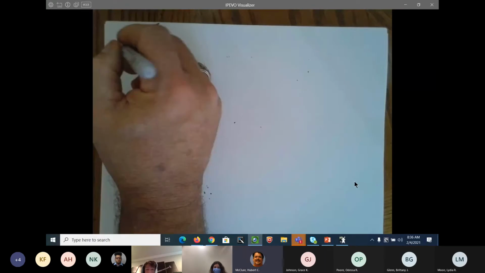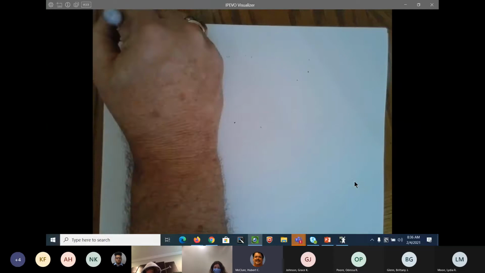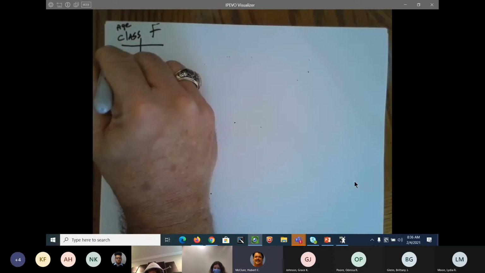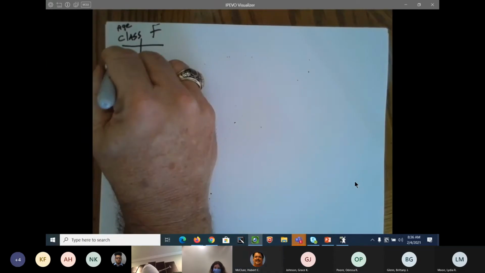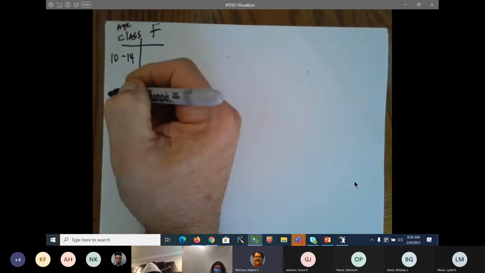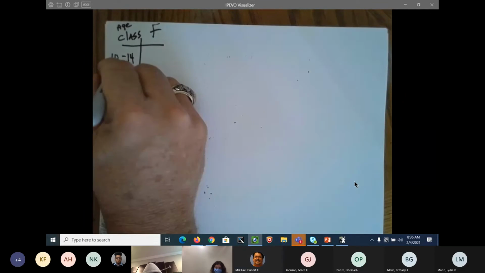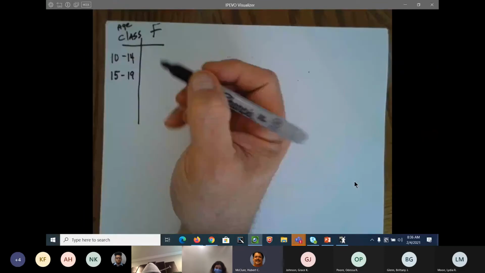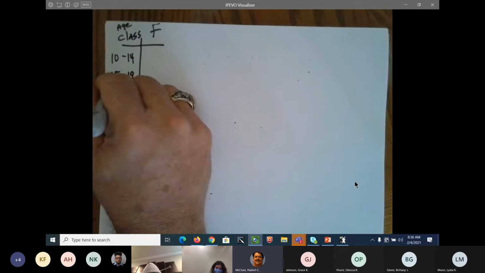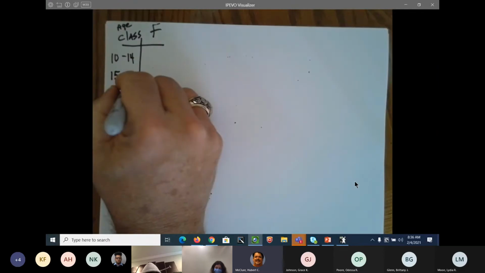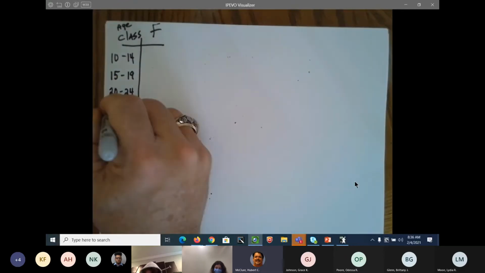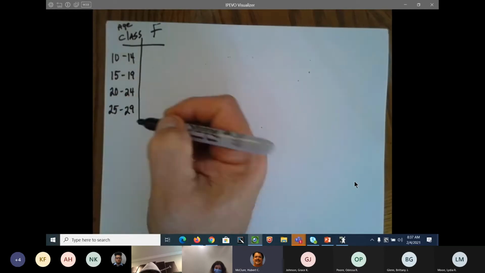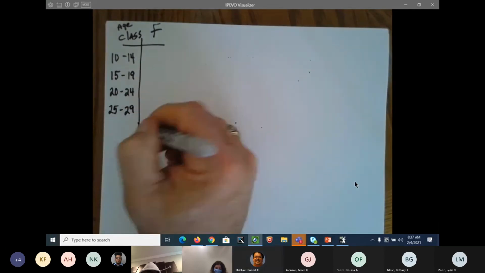We'll just use the age, because they look like ages. 10 to 14, 15 to 19, 20 to 24, 25 to 29, and 30 to 34.